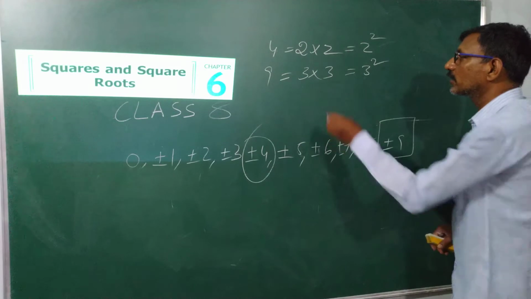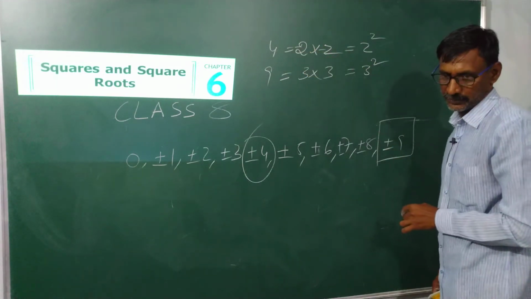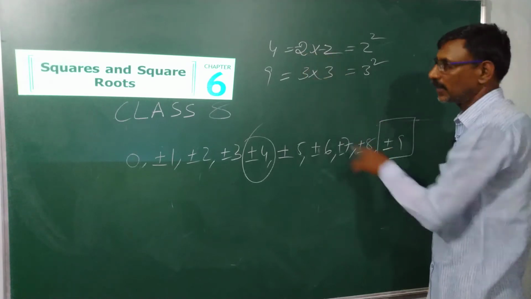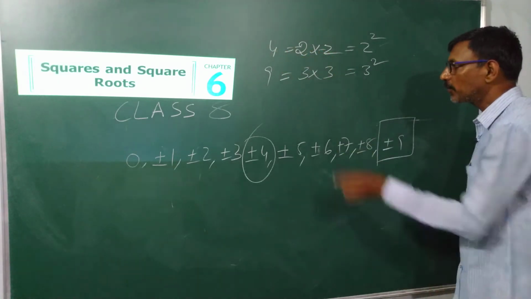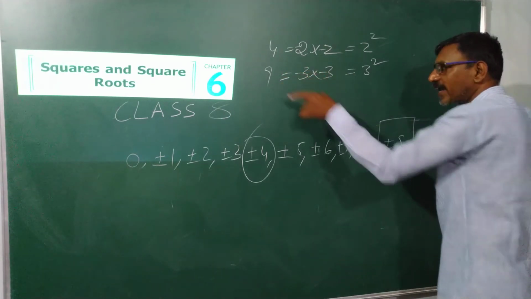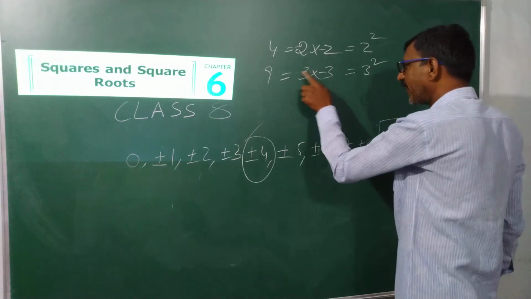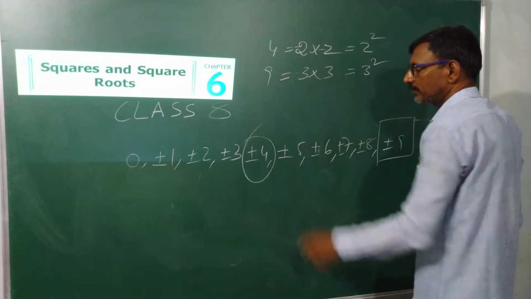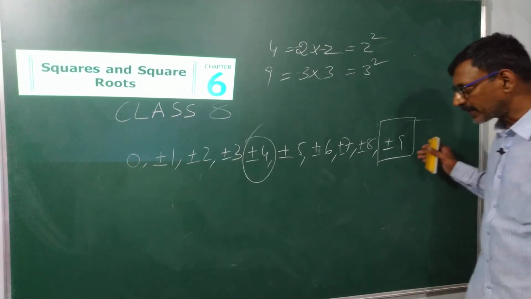Similarly, I would like to take minus 2 and minus 2. These two are integers. Minus into minus is plus, 2 2s are 4 indeed. If you take minus 3 and minus 3, minus into minus is plus, 3 3s are 9 again. So many ways we can write the perfect square. These are my square numbers.